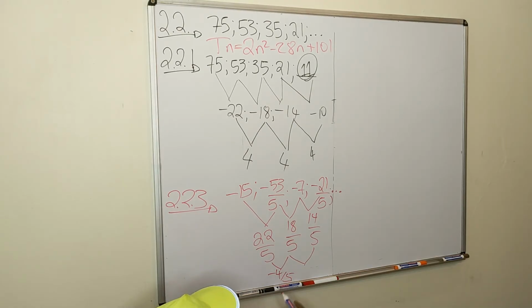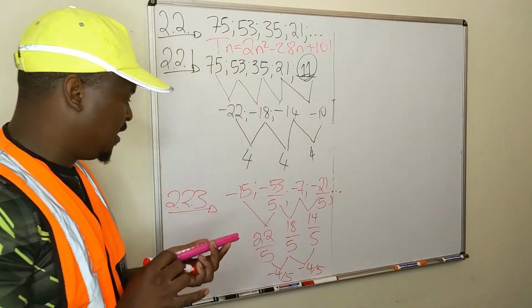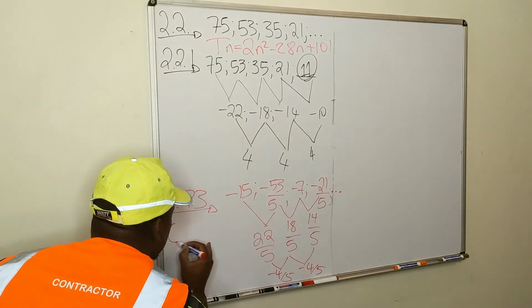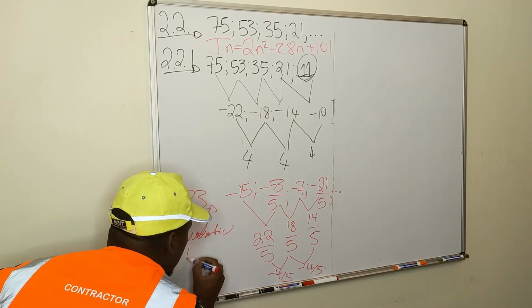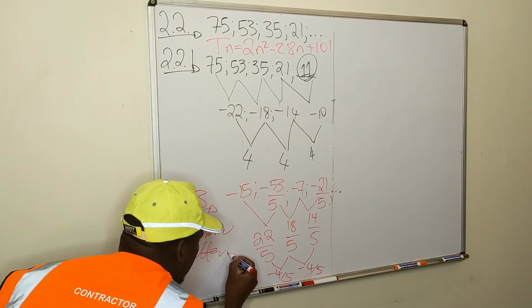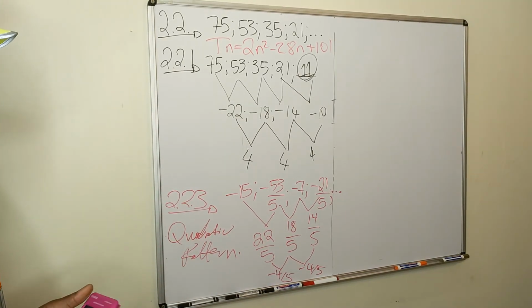This second difference. 14 over 5 minus 18 over 5 is also negative 4 over 5. So at this point, it is clear that we have a quadratic pattern here.